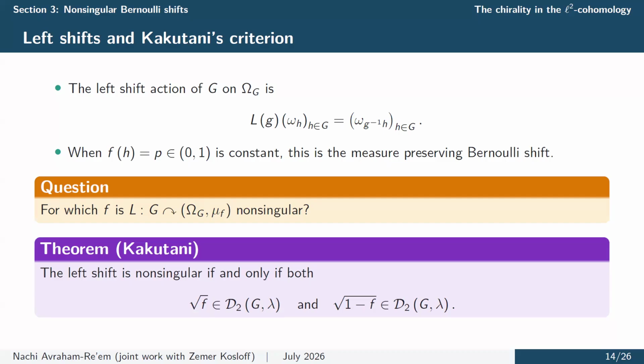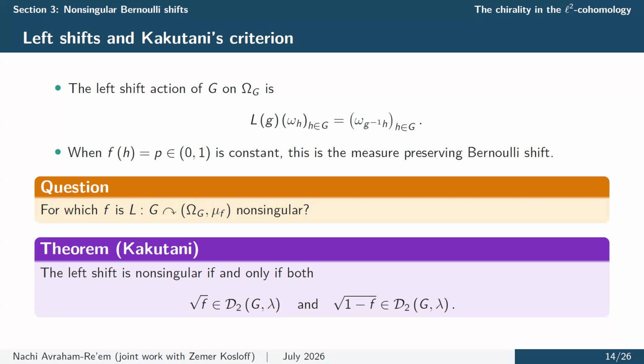This is a particular case; Kakutani's theorem is more general, about general product measures. It's not about this dynamical way of putting it, but this is a direct consequence of his theorem. And this needs to hold for these two functions, square root of f and square root of 1 minus f, because one is not automatic from the other. You need both.